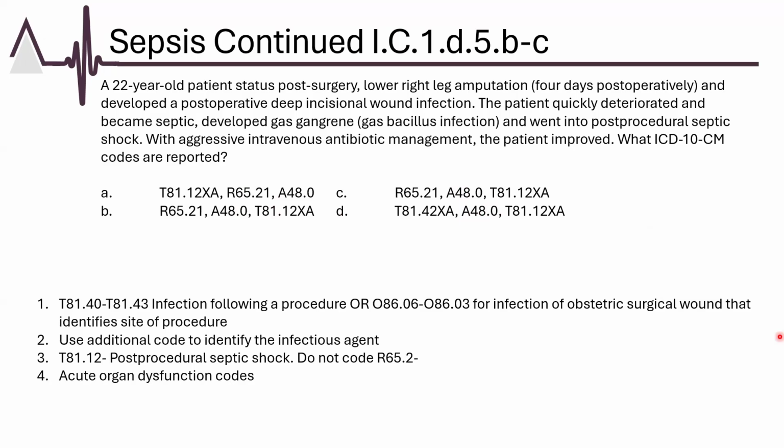T81.12, post-procedural septic shock, do not code R65.2. So we need a code from T81.12 to signify our post-procedural septic shock, not R65.21 like we previously discussed. So this gets rid of all of these answers here for us now, leaving D as the only choice.